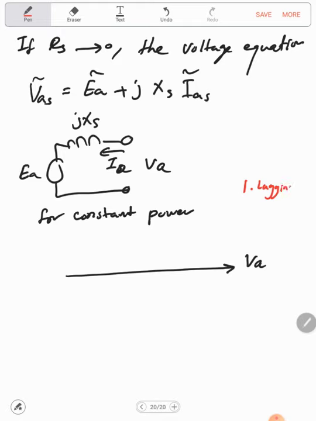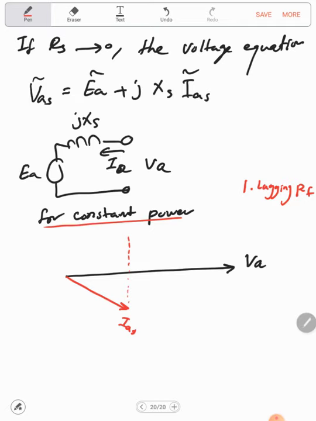Lagging power factor, which means that the synchronous machine consumes reactive power from the grid. So simply this will be the IAS, and this is theta, it's lagging, and IA cosine theta will be constant, because we are assuming a constant power.